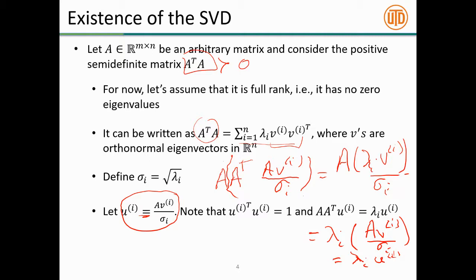So the U_i's here are unit length eigenvectors of A A transpose. The last thing I want to show before we move on is that they form a collection of orthonormal eigenvectors of A A transpose. So the final thing I want to show is that U_i transpose U_j, when i is not equal to j, should be equal to 0.